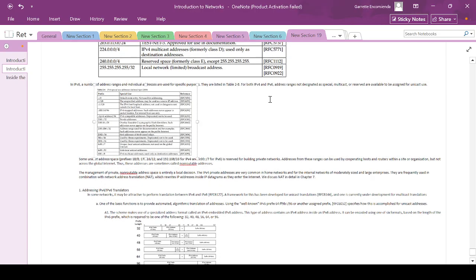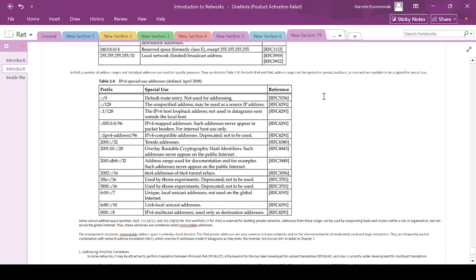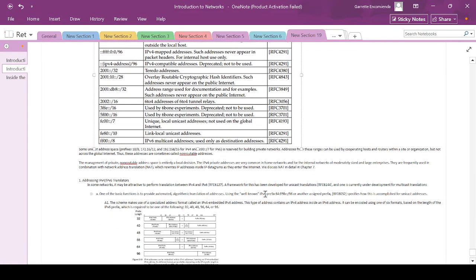Right? So in IPv6, a number of address ranges and individual addresses are used for specific purposes as well. They also have special addresses. It is listed in this table for both IPv4 and IPv6. Address ranges not designated as special, multicast, or reserved are available to be assigned as unicast addresses.